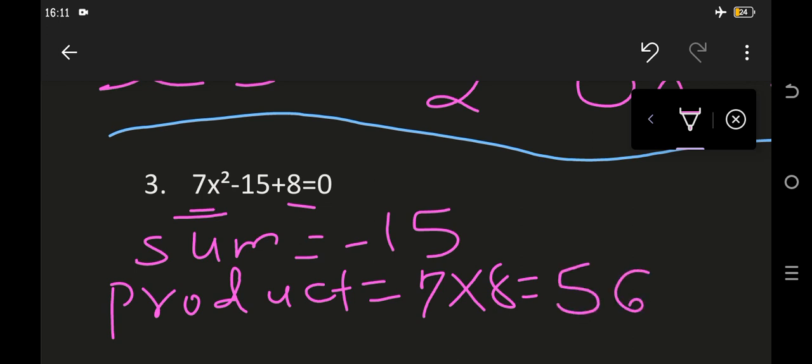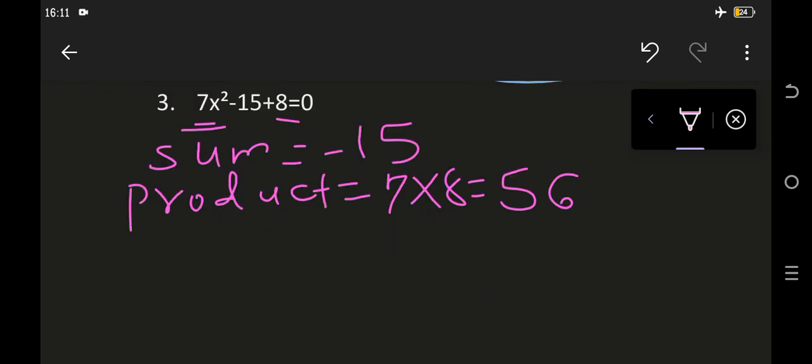So if you look at the factors of 56, you will realize that we have 7 and 8 giving us 56, and we can take 7 and 8 to give us a sum of 15, but we want a sum of negative 15.